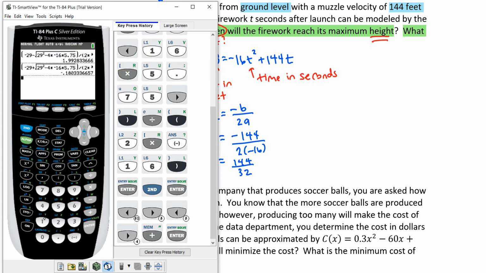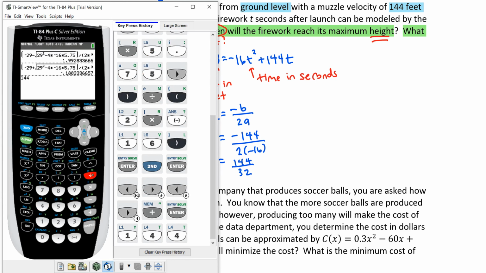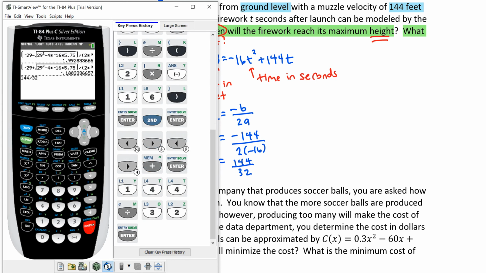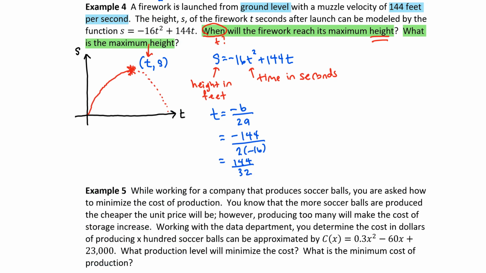I'm just going to type that into my calculator, 144 divided by 32, and we get 4.5. So 4.5 seconds after launch, our firework is going to reach its maximum height. So this is 4.5 seconds.